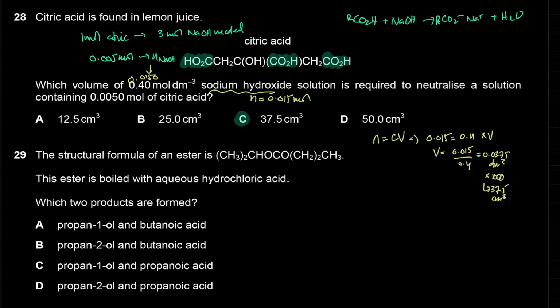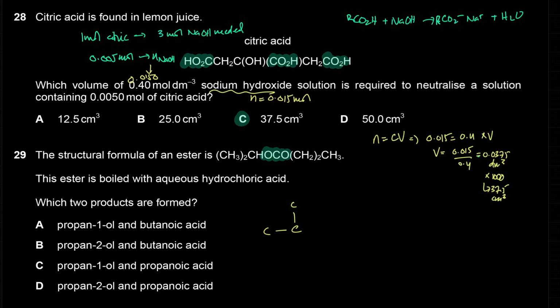The structural formula of an ester is given here. The ester is boiled with aqueous hydrochloric acid. Which 2 products are formed? Let's draw out the ester. This carbon is bonded to 2 CH3s, so we have C, C, C, and then OCO. The OCO means that on the left, they've given us the alcohol part of the ester.